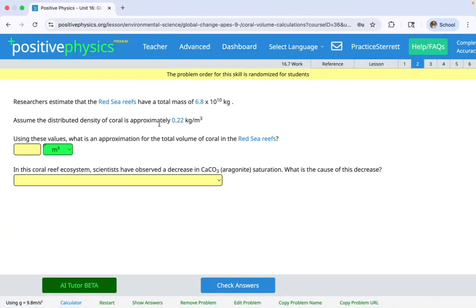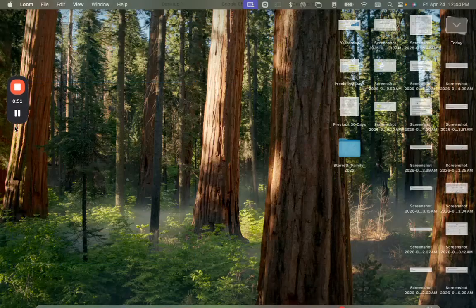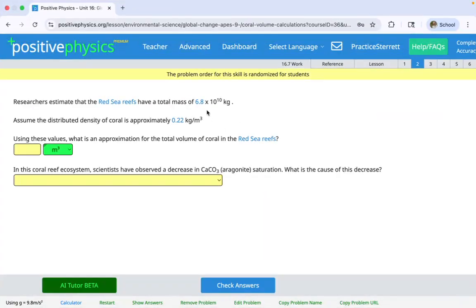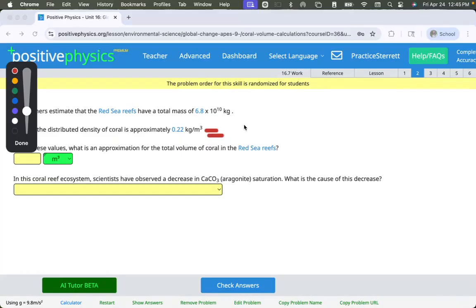So if I have an approximate density of coral, another way I can write this density down is 1 cubic meter is equal to the 0.22 kilograms. And then I can just multiply like a unit analysis problem, and you see the kilograms cancel out.